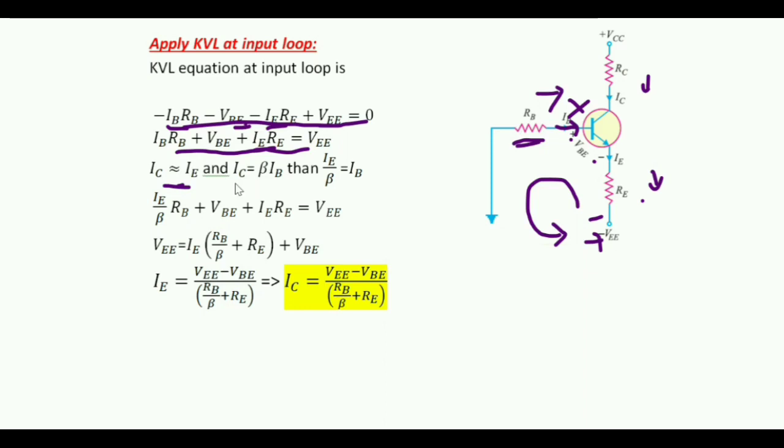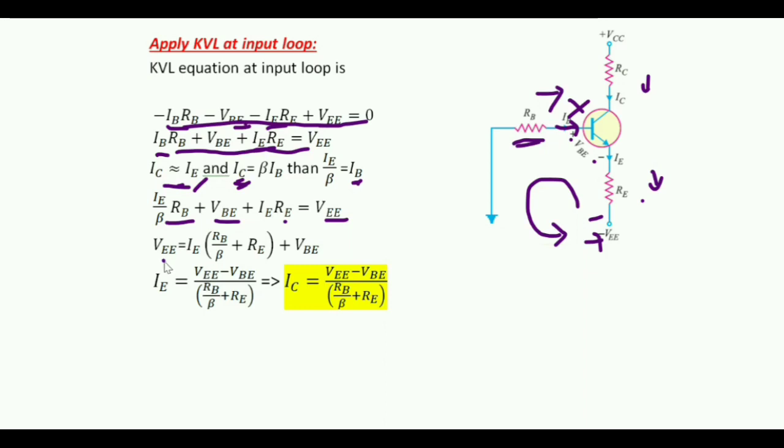Also, we already know the gain of a CE amplifier is beta, that is IC by IB is equal to beta, so IC is equal to beta IB. Replacing IC with IE, we get IE by beta is equal to IB. Replacing this IB, we get IE by beta into RB plus VBE plus IE RE is equal to VEE.